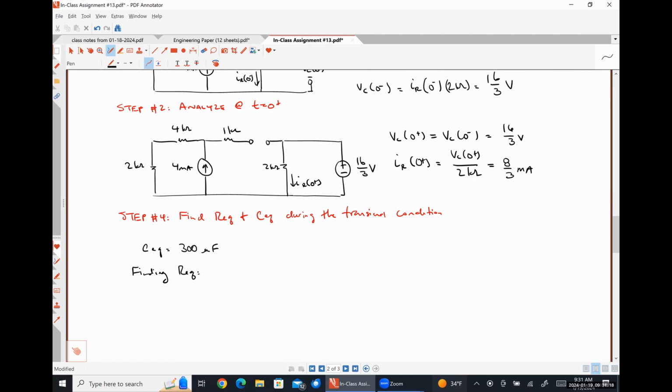To find our equivalent resistance, we're going to find the resistance seen by our energy storage element. So this is a Thevenin resistance. So we're going to take our capacitor out and look in through its open circuited terminals at a dead network during the transient condition, right?